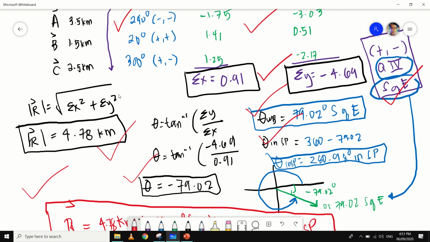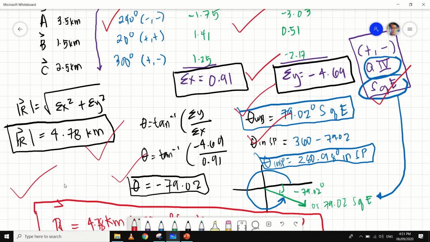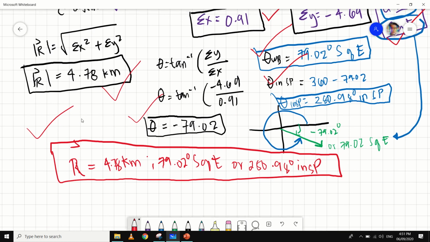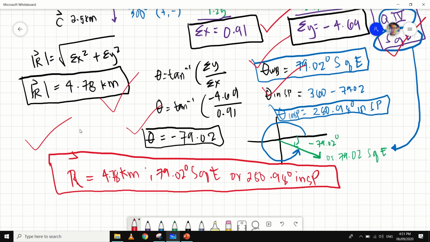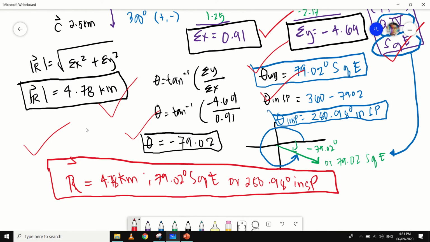So in my case, these are the steps that I follow to make it easier for me to understand. So this is the answer for the first problem. Okay? So hopefully you got the same response. Okay, next problem.